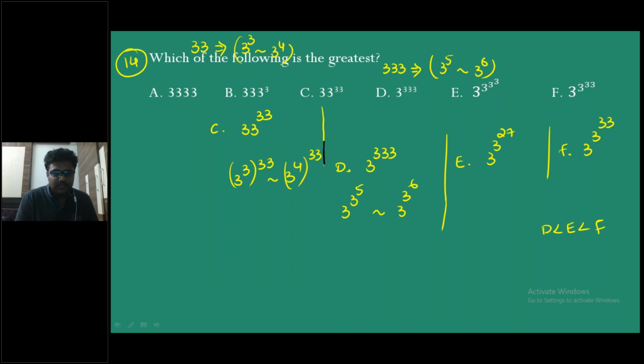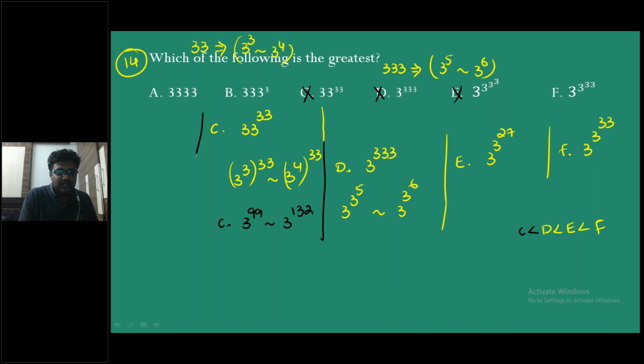If you just check it out, this is 3 power 99 to 3 power 132. Definitely D is bigger, 3 power 333 is there. C is only in this range. So C is less than D. Up to now, C is not the greatest, D is not the greatest, E is not the greatest one.